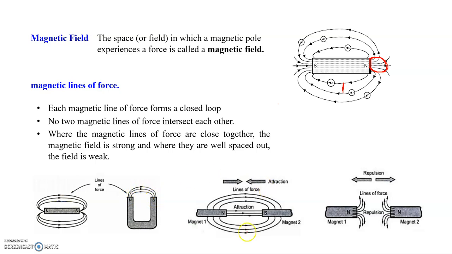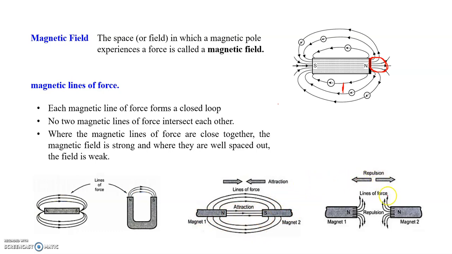When two different magnets are placed nearby, the magnetic field lines start from north pole to south pole. So in this case the magnetic lines of force are in attraction, so these two magnets attract each other.